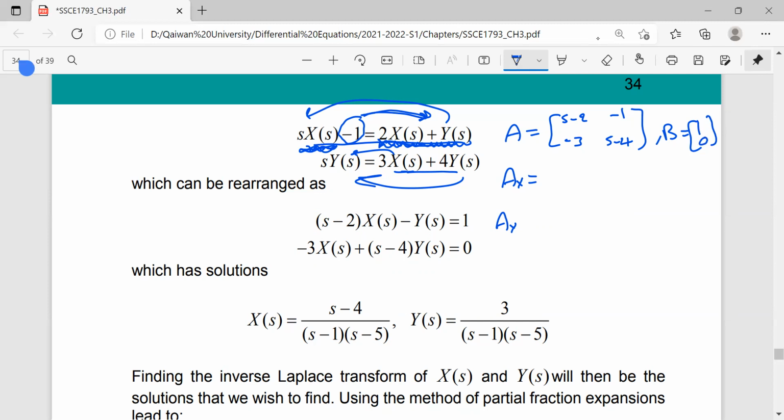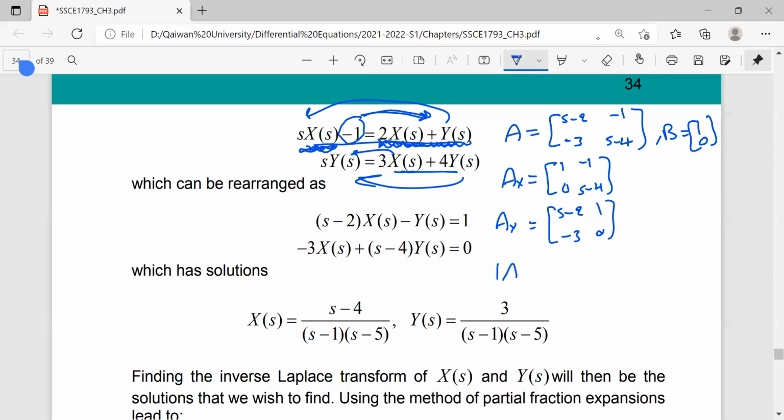We replace the first column by the right hand side to get Ax, which is 1, 0, negative 1, s minus 4. And Ay, we replace the second column by the right hand side. We get s minus 2, minus 3, 1, 0. Now we find the determinant for each, Ax and Ay.